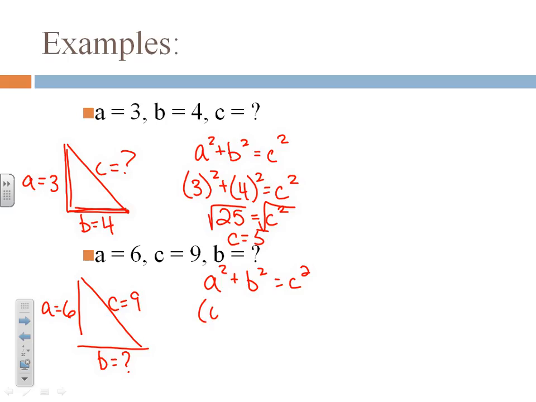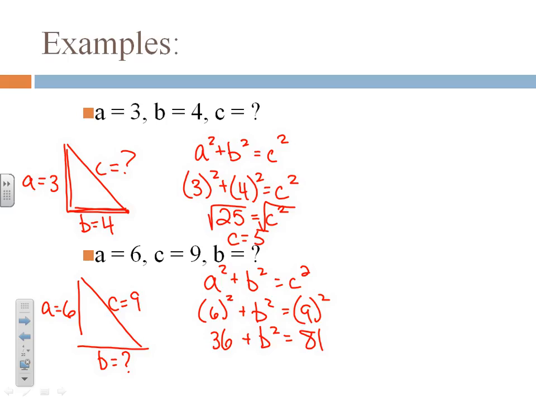So when I go to plug everything in, 6 squared plus b squared equals 9 squared, right? And then I go to actually solve this thing right here. So 6 squared is 36 plus b squared equals 81.